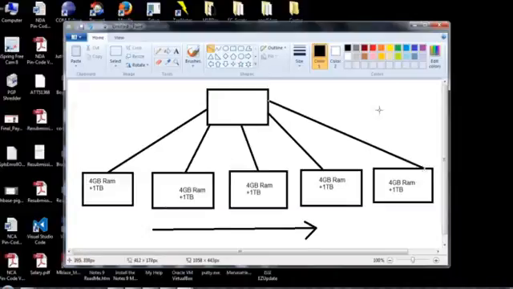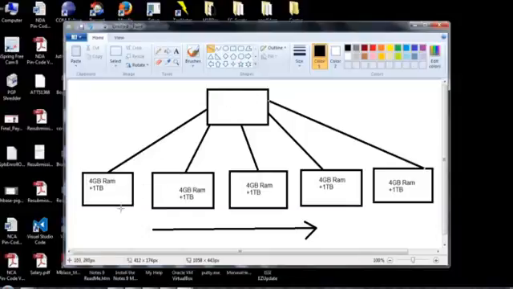Now one more thing came into my mind: this entire combination of systems is called a cluster, where you have one master and the nodes, which you can call slaves. A node is nothing but a system, a computer. But a node is managed by another system. The system which is managing the nodes is called the master node, and the rest are called slave nodes.